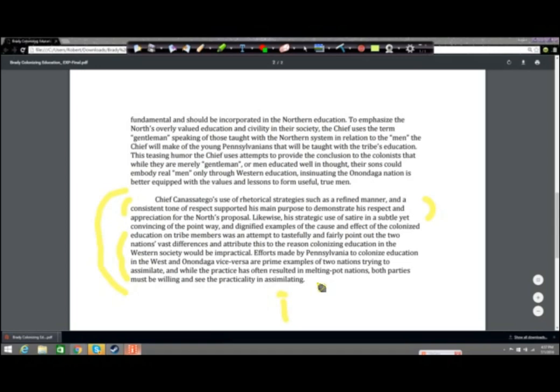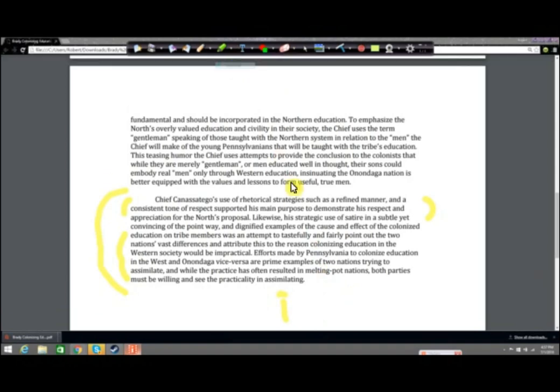You're supposed to tell them it was important because. So you want to make sure that you answer the question of so what in your conclusion. And that's what they did right here.